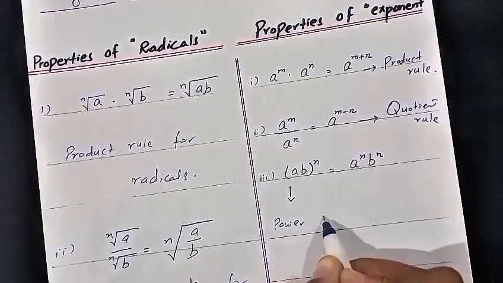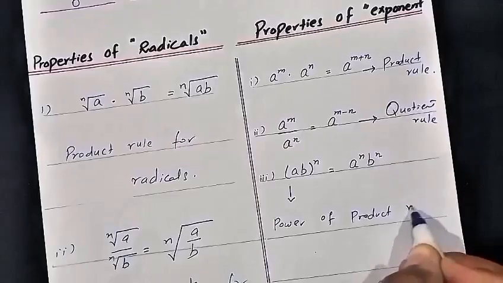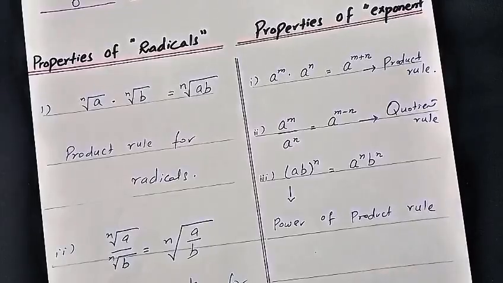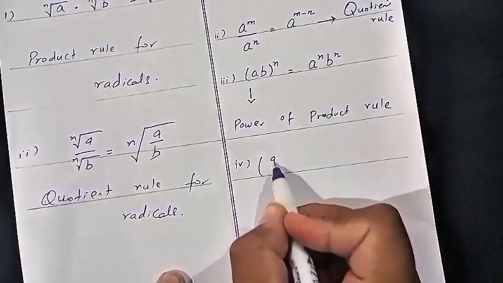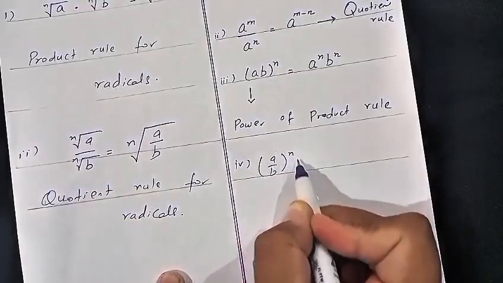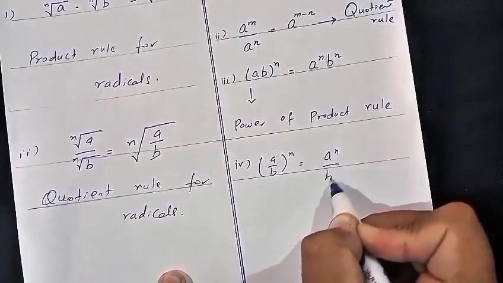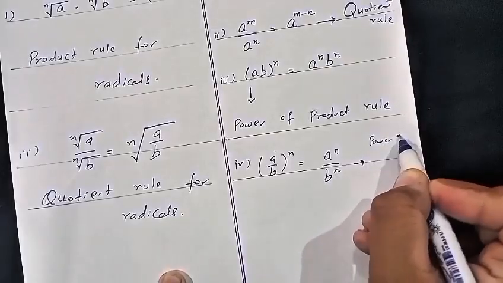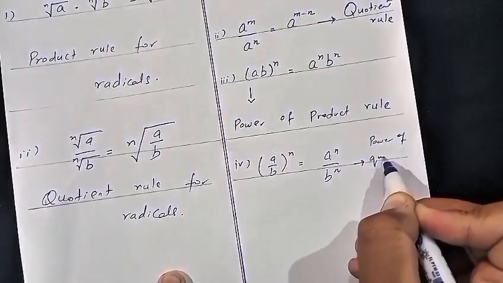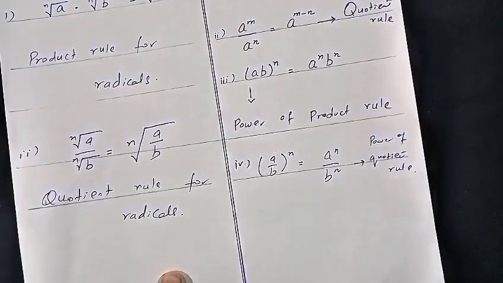We call this the power of a product rule. The fourth property: if two numbers are divided with the common exponent n, we can apply the power separately on both, as a^n divided by b^n. This is called the power of a quotient rule.